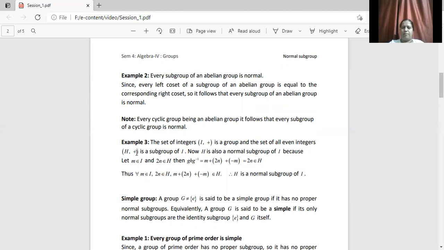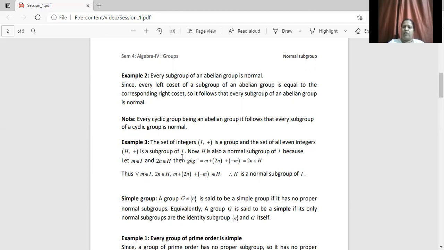We'll see one more example. Here, the set of integers is taken with the binary operation addition. I comma plus is a group, and we'll consider the set of all even integers, that is H comma plus. That means they have taken the group as the set of integers with binary operation addition, and the subgroup as the set of all even integers under addition.